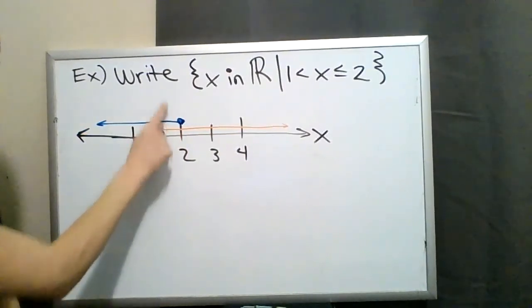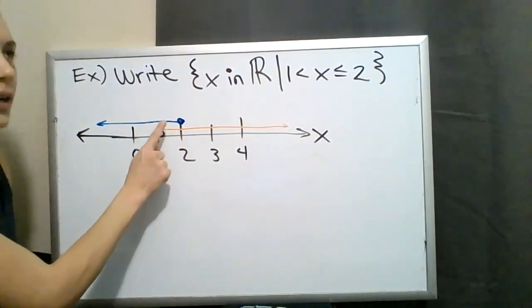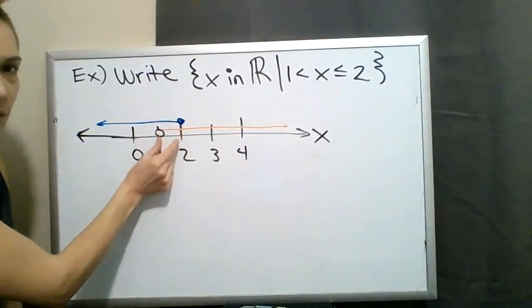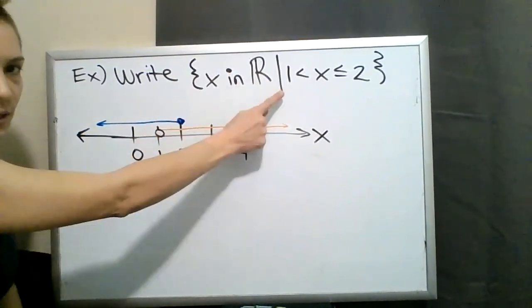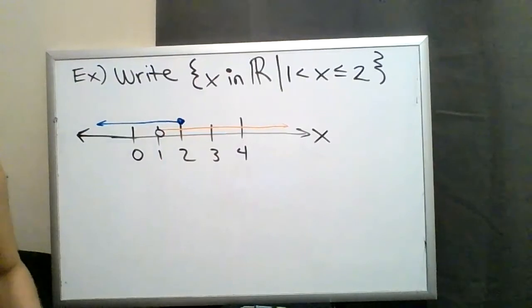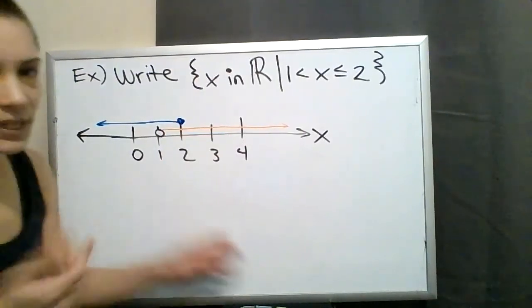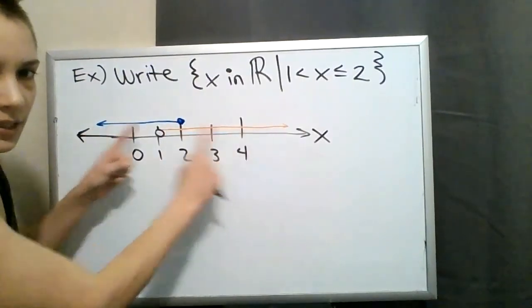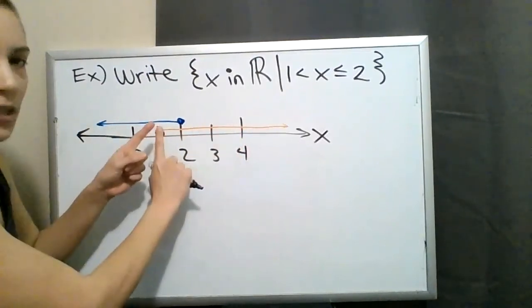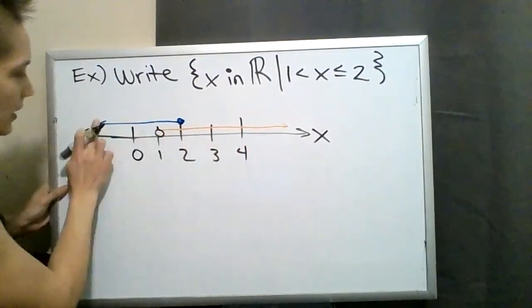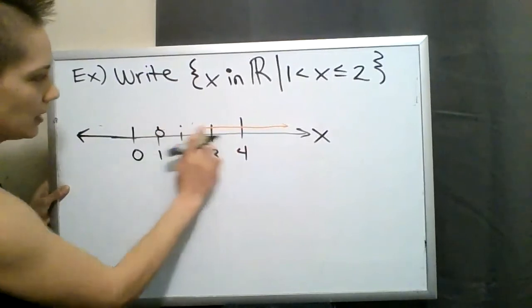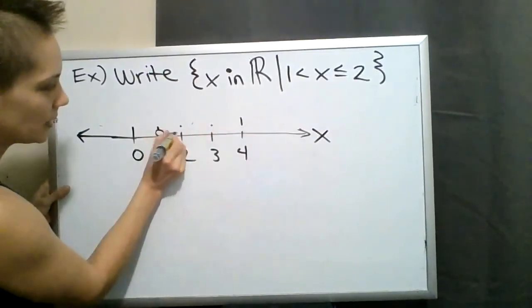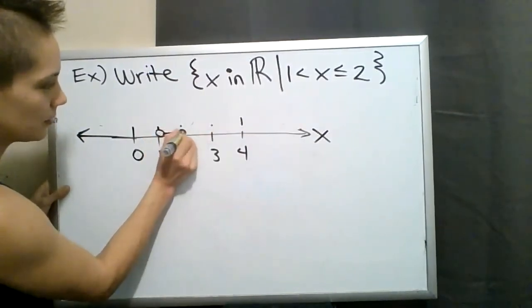The place where they overlap is where your solutions are. Those values of x make this statement true. If it were me, I would probably erase the scratch work and then just put in shading from here over to 2 and include 2.